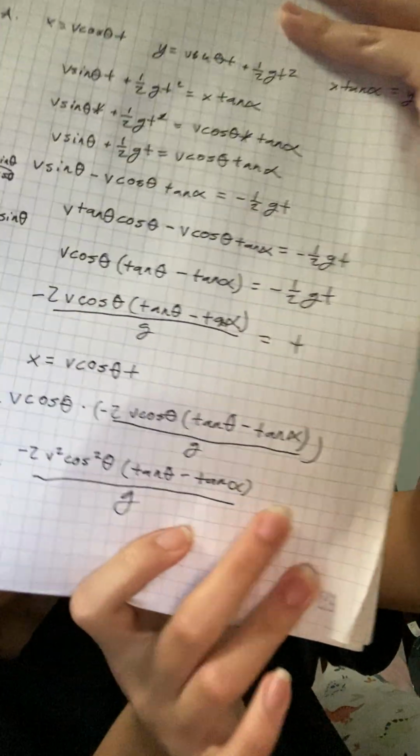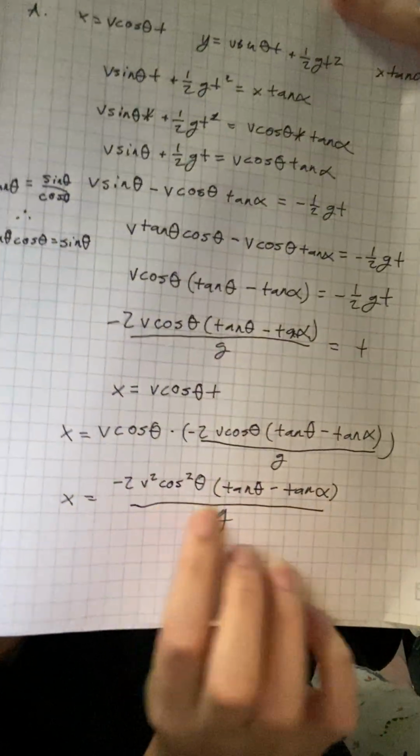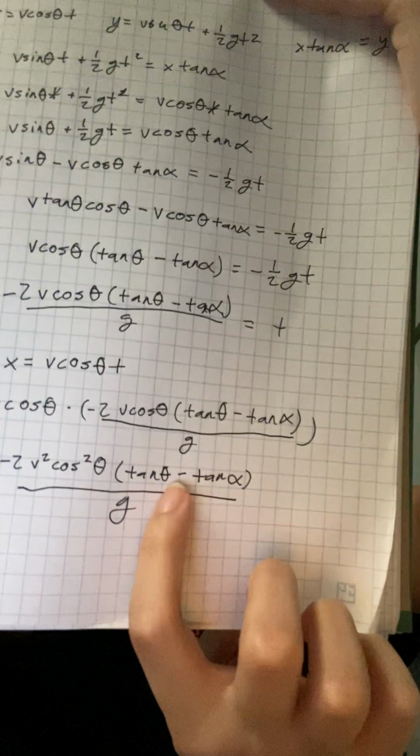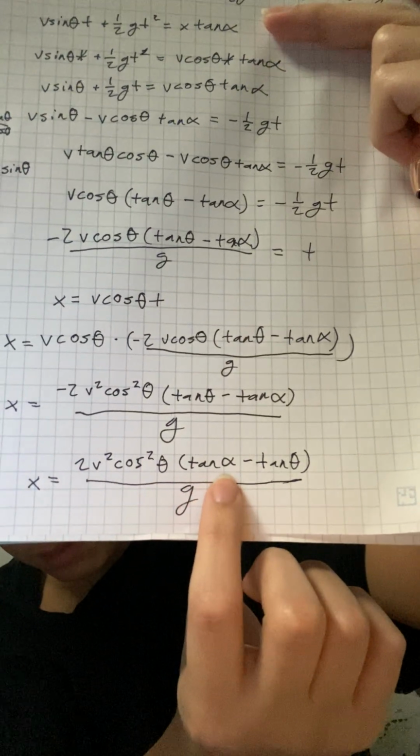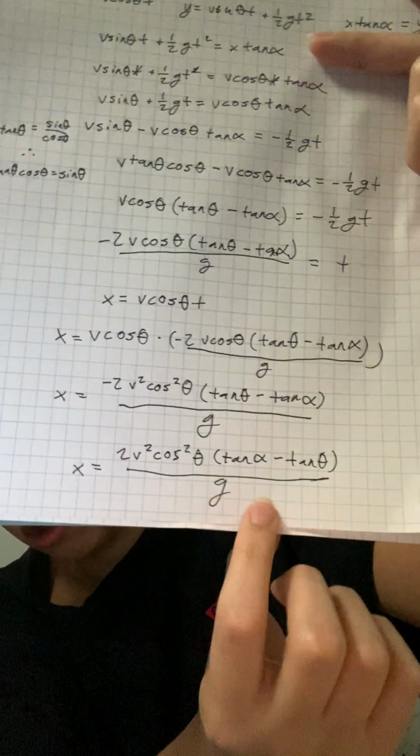You just need to distribute the negative on the outside into the numerator to change the signs of the tangent theta and tangent alpha, earning the final equation: x displacement equals 2v squared cosine squared theta times tangent alpha minus tangent theta over g. That is part A complete.